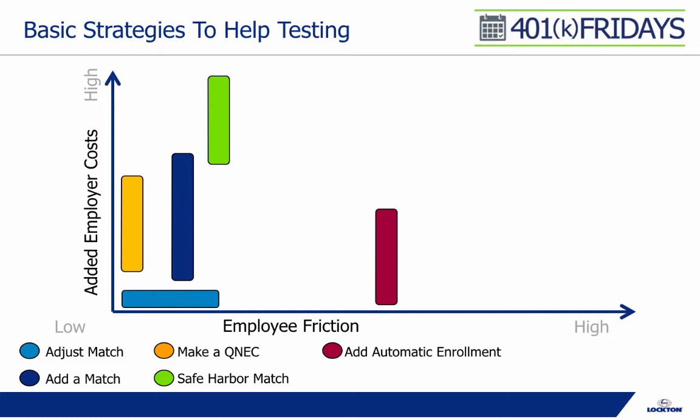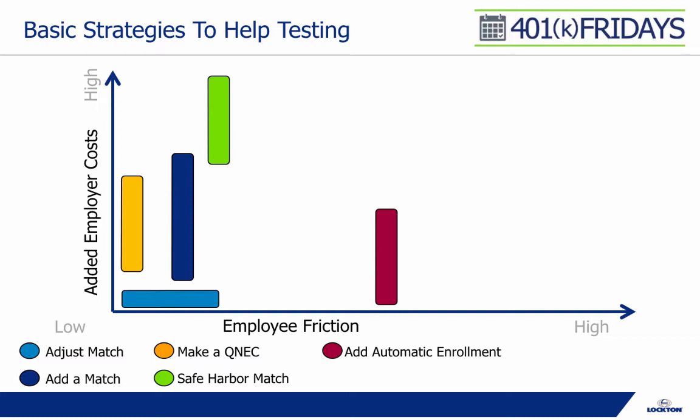What we've seen with a lot of employees is their natural state is going to be in neutral, meaning that they're not going to do anything until a lot of inertia or a lot of energy is expended to do so. So what automatic enrollment does is it takes the decision out of the employee's hands and puts them into the plan at a certain rate of contribution automatically.